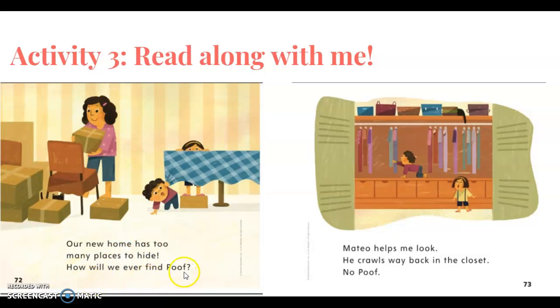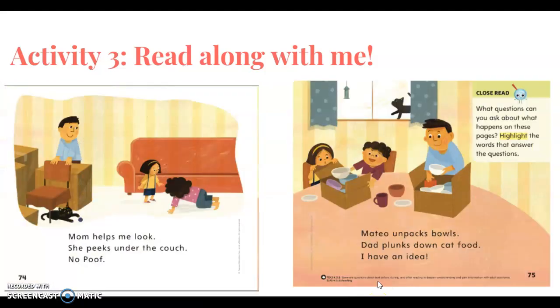How will we ever find Poof? Mateo helps me look. He crawls way back in the closet. No Poof. Mom helps me look. She peeks under the couch. No Poof.